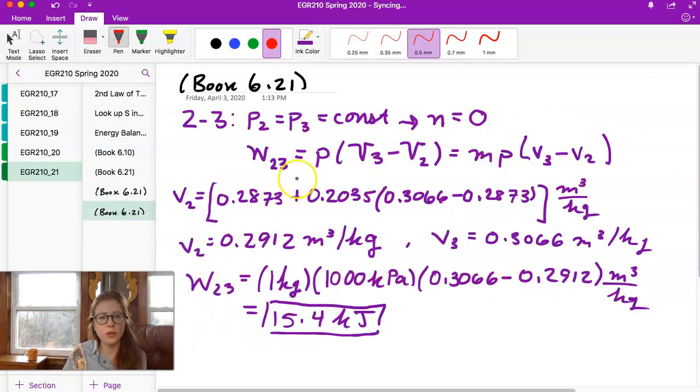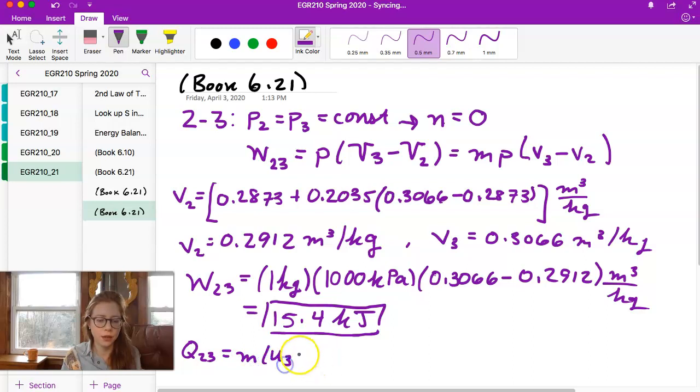So now we just need to find Q23. So Q23 is going to be M times U3 minus U2 plus W23, just doing an energy balance here.